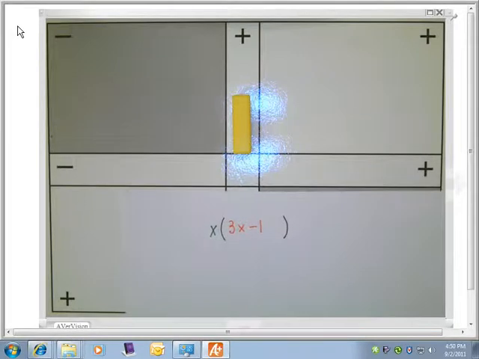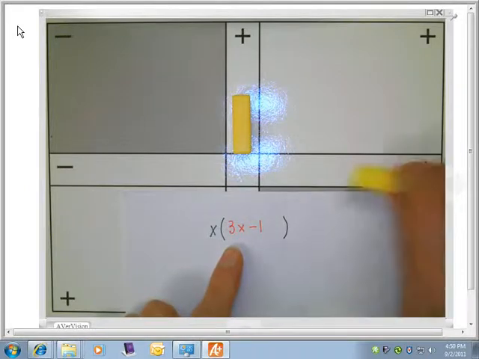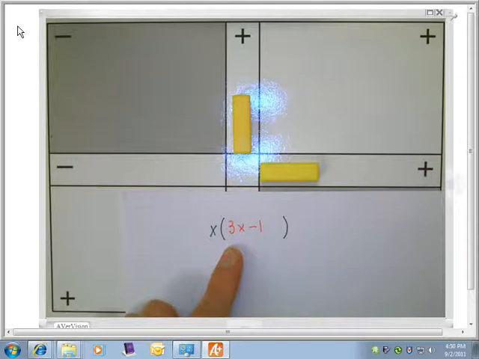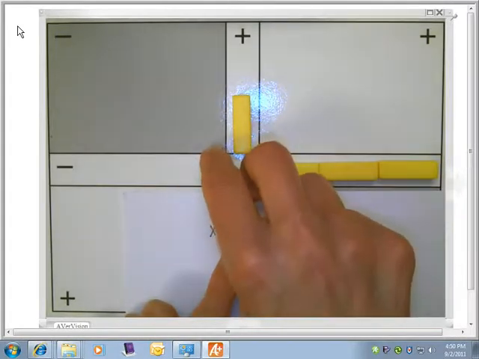So I have 3x, 1, 2, 3. Okay, remember those are positive, so they're going on the positive side. My minus 1 is over here. So that's in the negative.